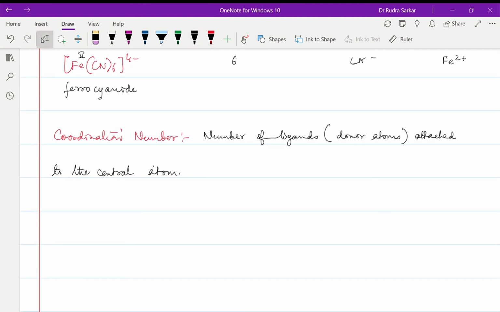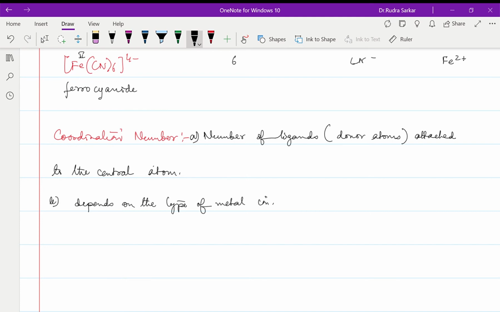Now this coordination number will depend on the type of metal ion. That means the size of the metal ion will dictate what kind of coordination number it will have.